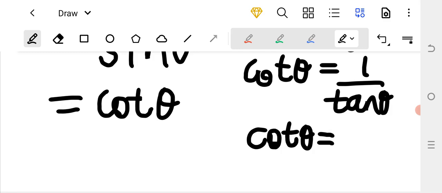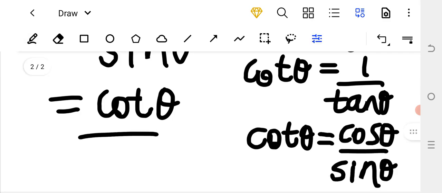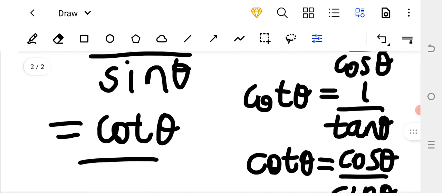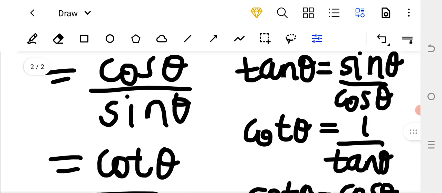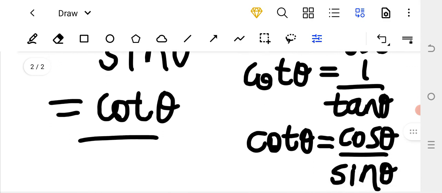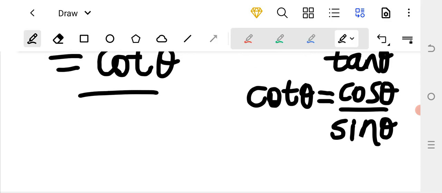Inverse simply means they are reciprocals of each other. So cot theta is cos theta over sine theta. That's why I came to this conclusion. I hope you can see the pattern there. Tan theta is sine theta over cos theta, and cot theta is the opposite. Then after you reach there, you conclude.